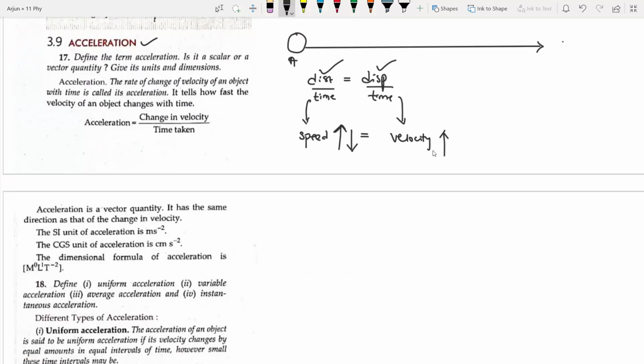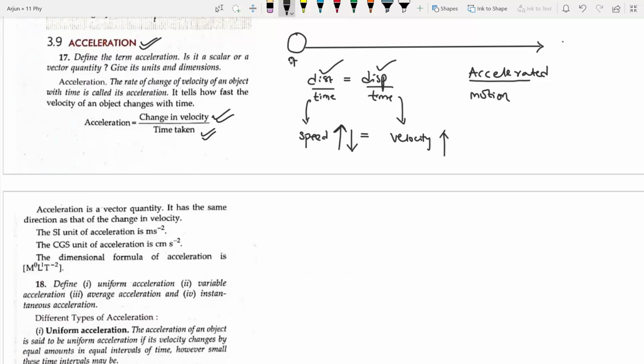Such a type of motion we call accelerated motion. So what is acceleration? Acceleration is nothing but change in velocity upon time taken.